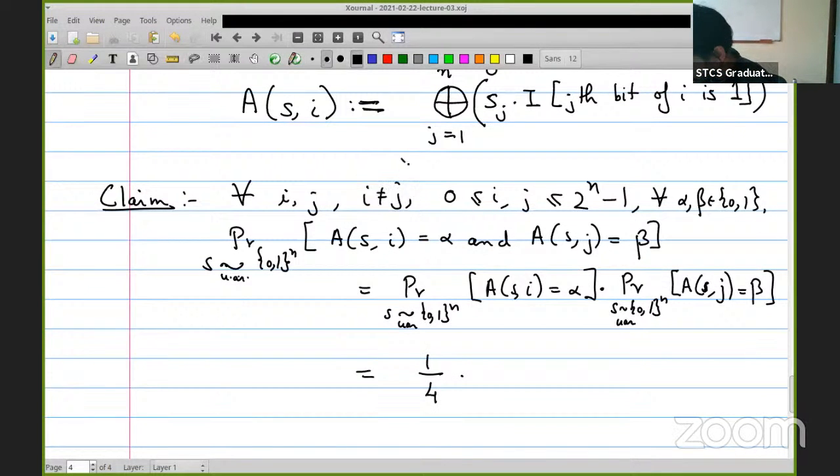Crucial point is that i not equal to j, of course. Otherwise, but the point is this shows that the output of the algorithm over the random seed is pairwise independent.